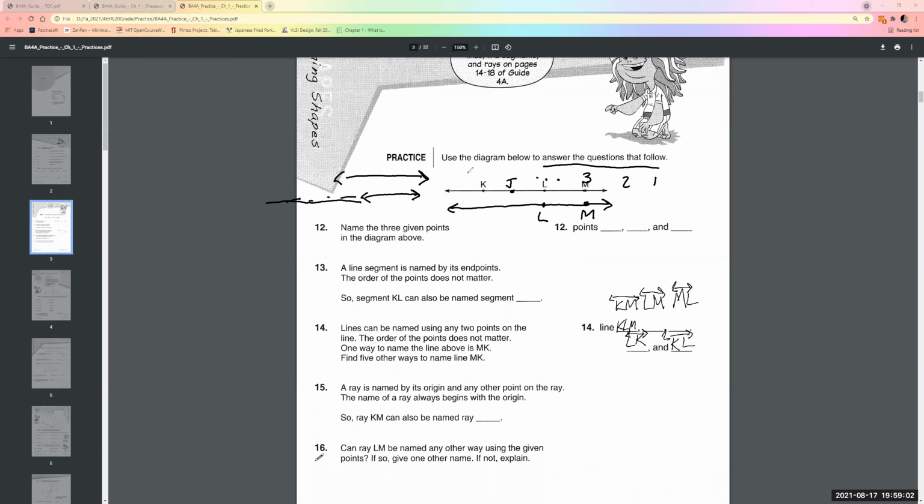Okay. You would be correct though about line segments. So if I have a line segment from K to M, then this line segment does not equal L to M, because we're missing K that's over here.